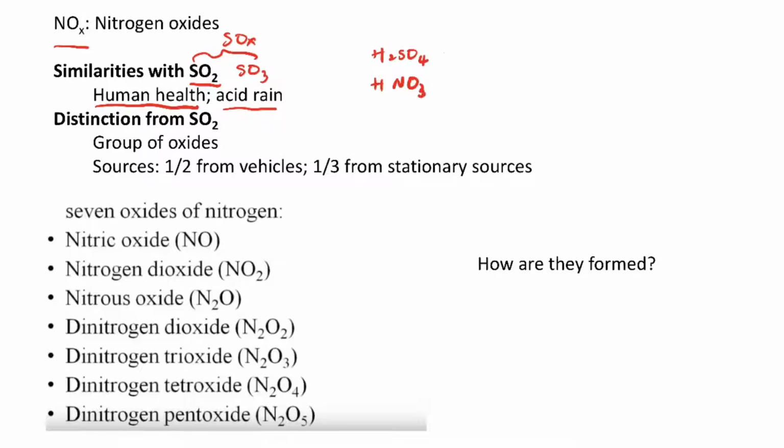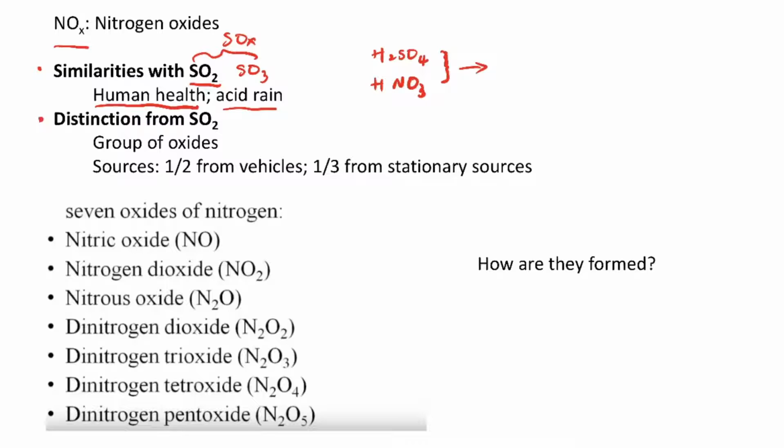Both of the acids are very strong acids, okay? So they can corrode a lot of things, and once they fall on the skin of people or animals, they damage the skin. So that's why they're regulated as criteria air pollutants. This is their similarity.